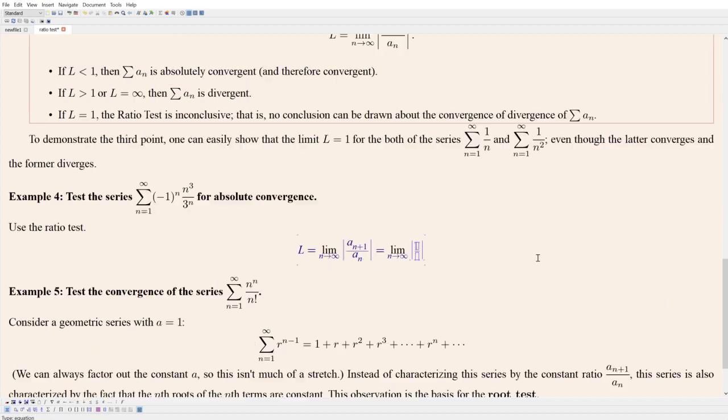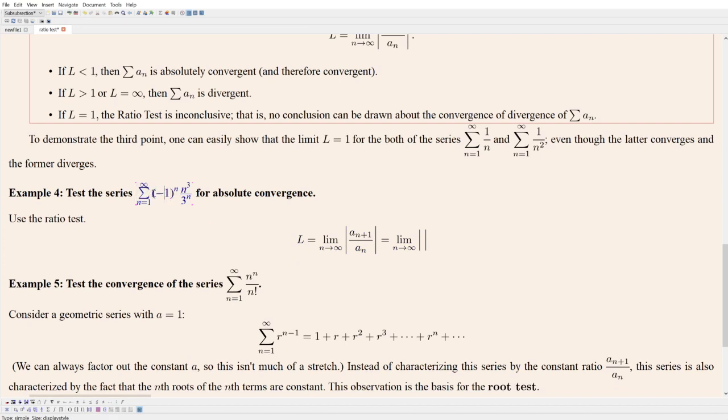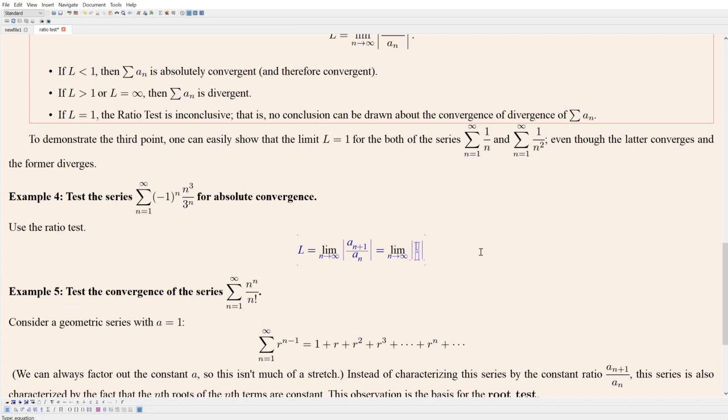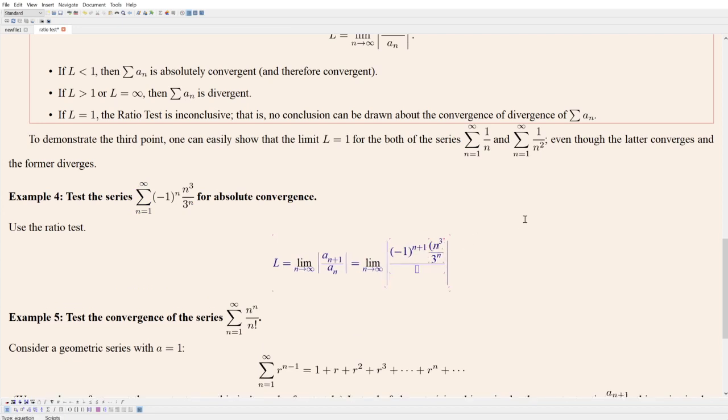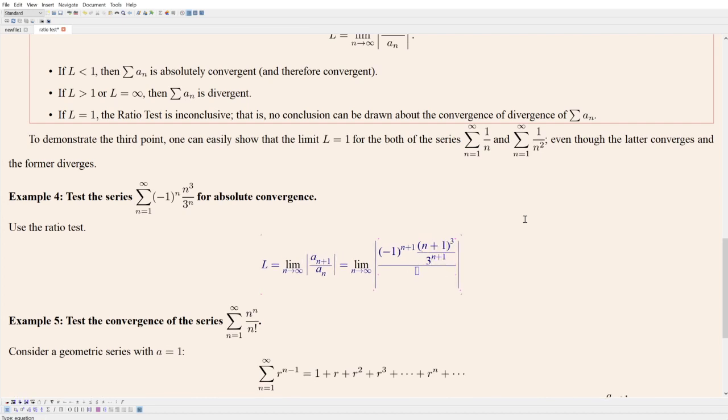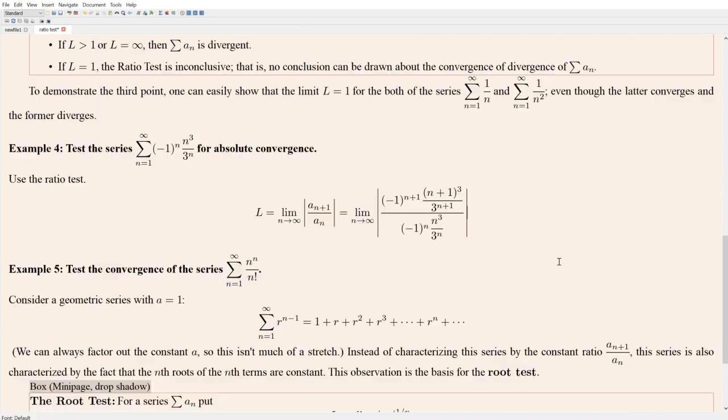Okay, let's see. So what is the n plus 1th term? Well, that's what you get when you replace n with n plus 1 in all of this mess. Careful about your parentheses here. And then the nth term is just that.